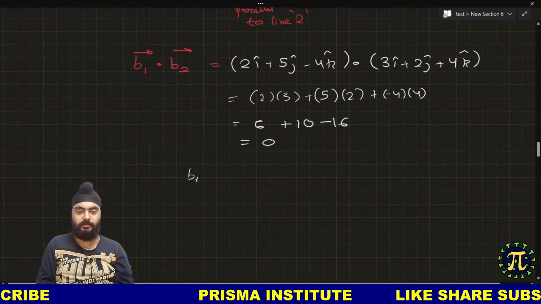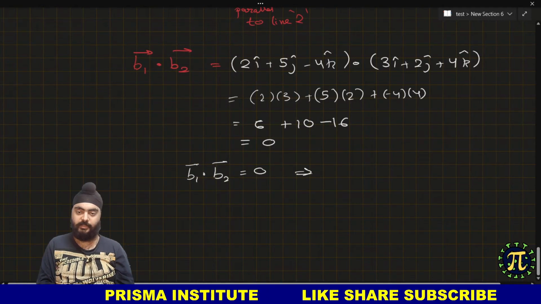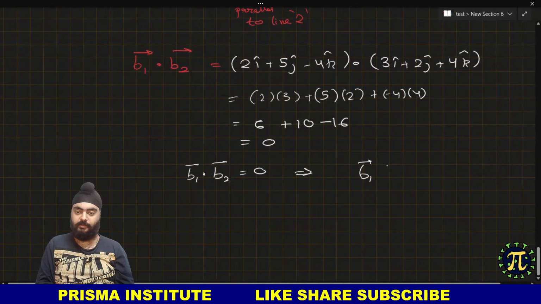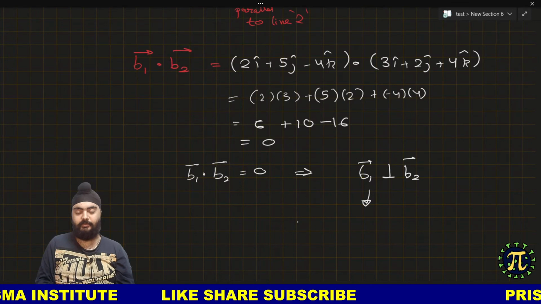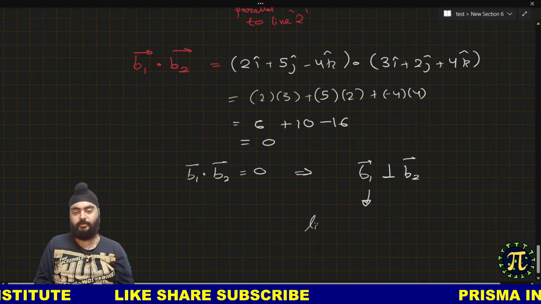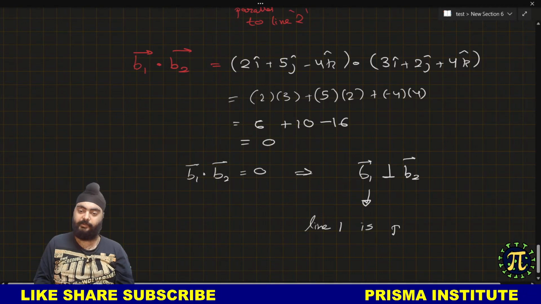So b1 vector dot b2 vector comes out to be 0, which implies b1 vector is perpendicular to b2 vector. So I can imply line 1 is perpendicular to line 2.